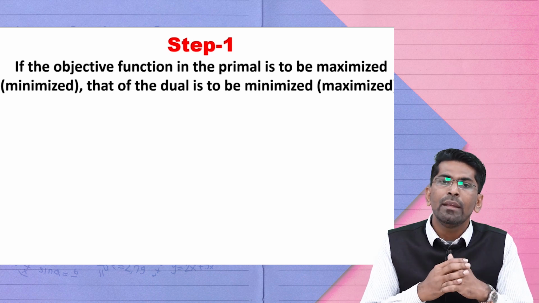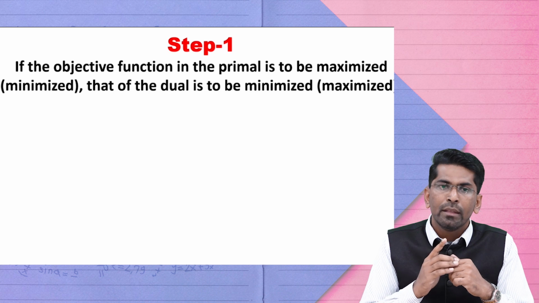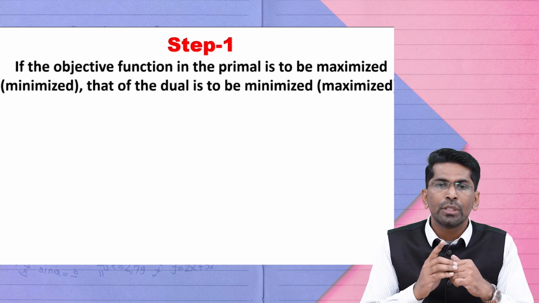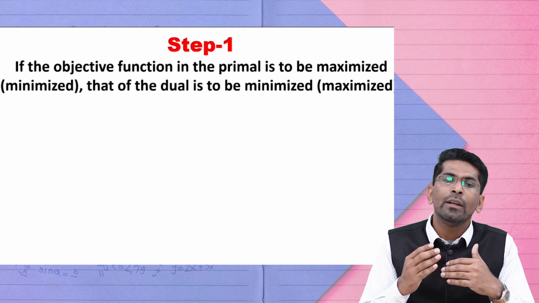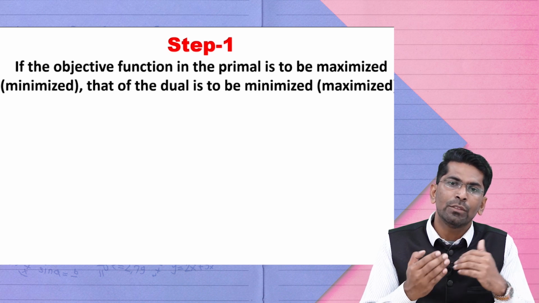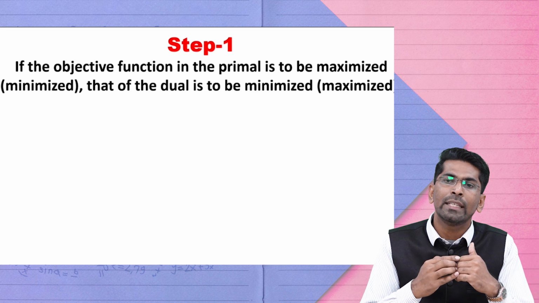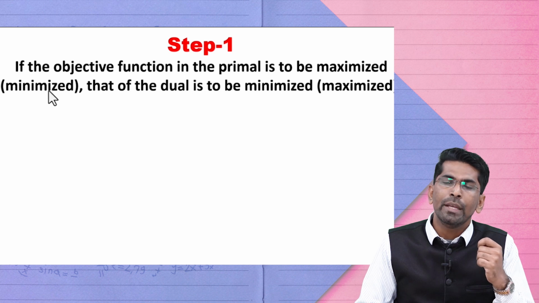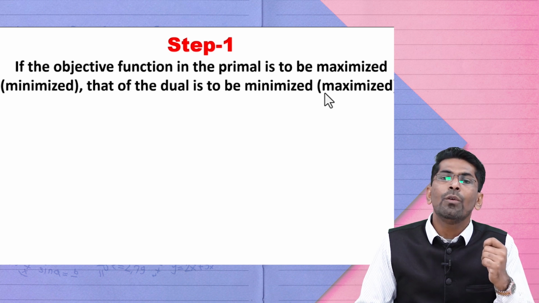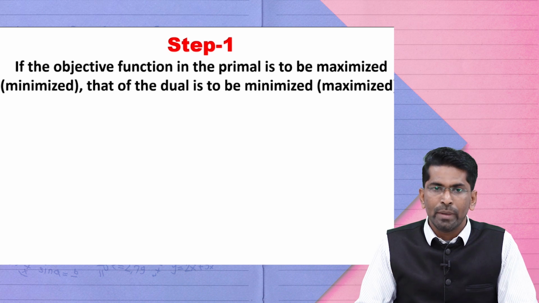Once again I am repeating, step 1: if the objective function in the primal problem is maximized or minimized, then the dual is minimized or maximized. So in this case, we are going to consider a minimization problem. Our objective function in the primal problem is minimization, and its dual will be maximization.